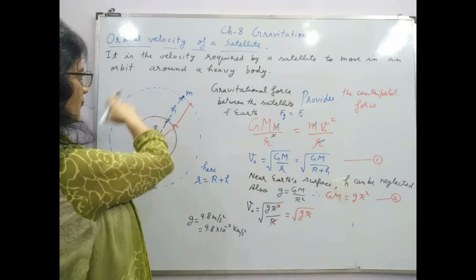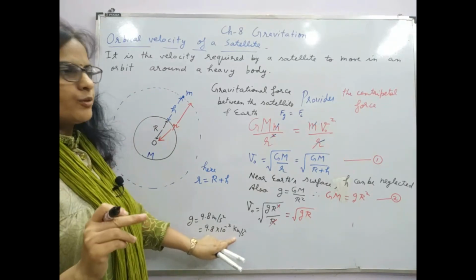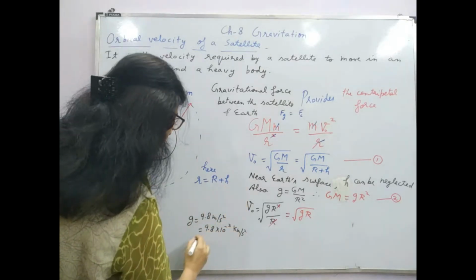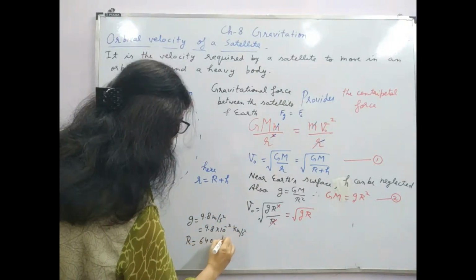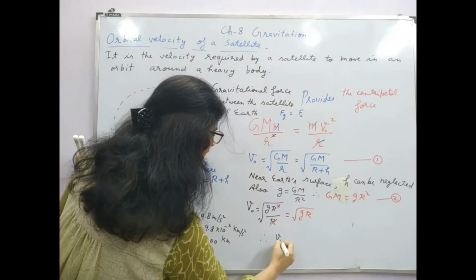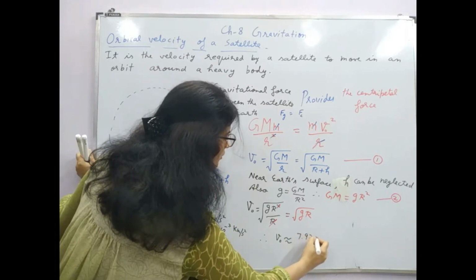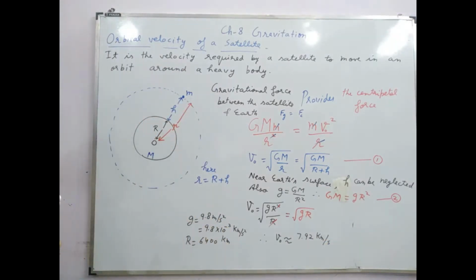Because for this orbital velocity, the practical unit will be kilometer per second because very high velocity is required. And the radius of the Earth is 6400 kilometer. So if we put the values, we get v_o is nearly equal to 7.92 kilometer per second. This is the orbital velocity.